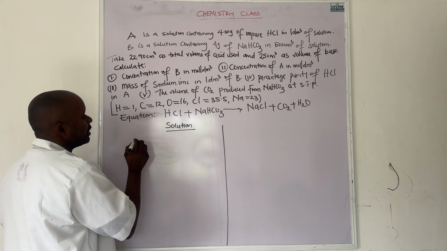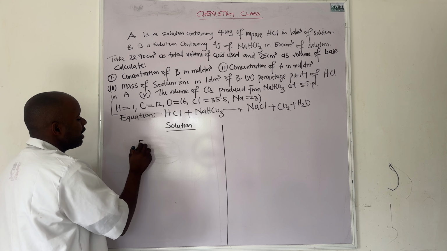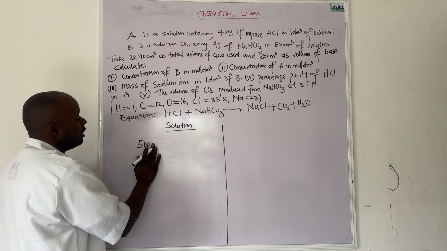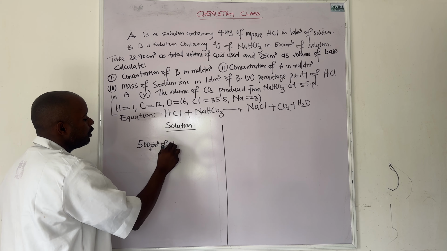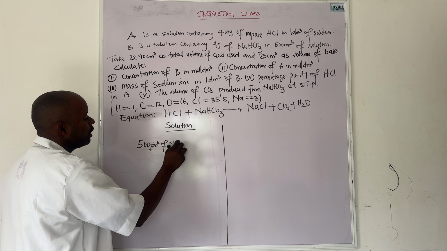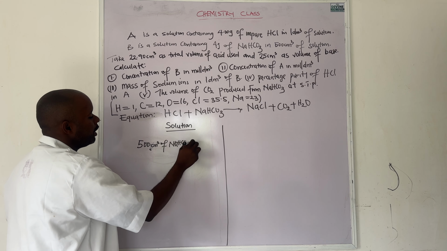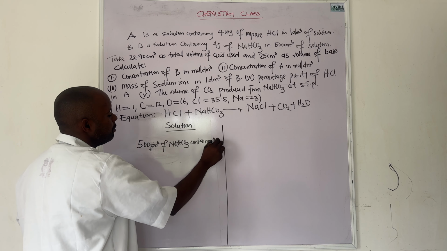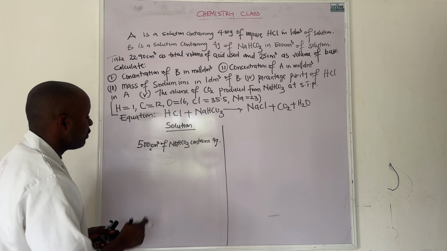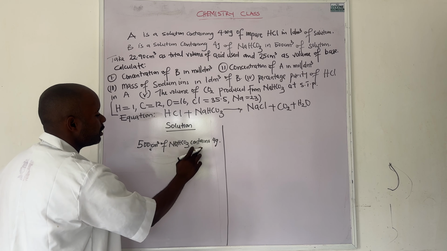So let's use, we said 500 cm cube of sodium hydrogen trioxocarbonate contains 4 grams. So 500 volume of solution contains 4 grams.